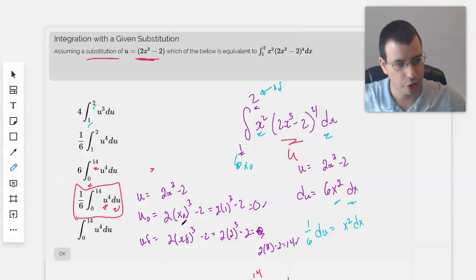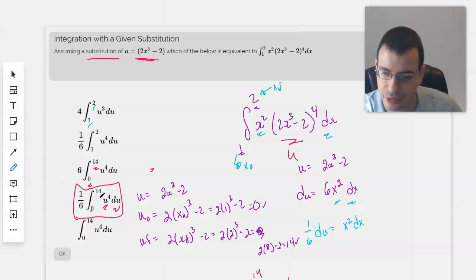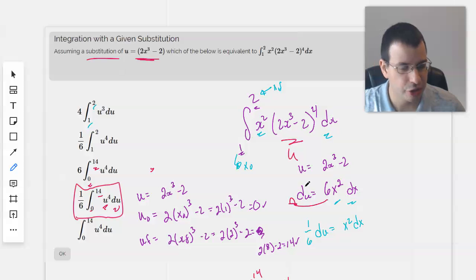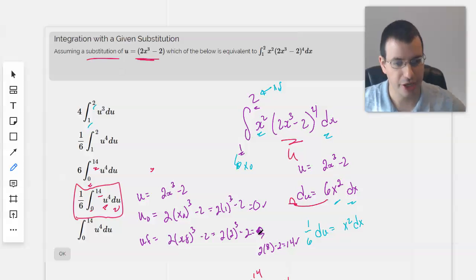We've proven that we can do substitution. We have to worry about the limits of integration, and we have to worry about moving the constant, the 1/6, over here when we solve for the derivative of u. We put it all together and get our answer. Not too bad. We can do this. Go team.